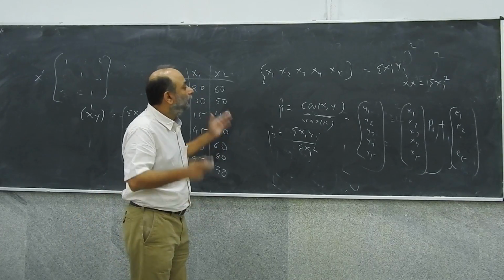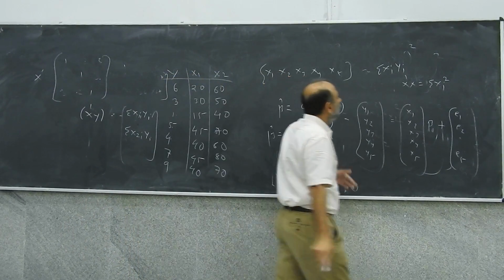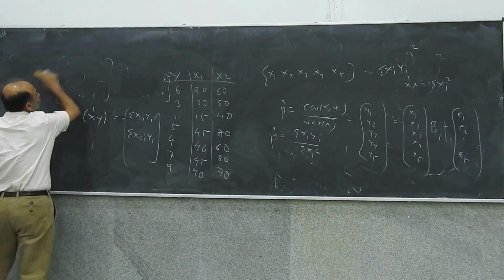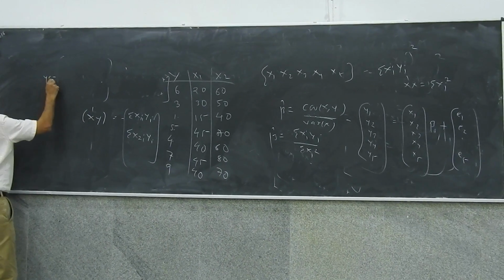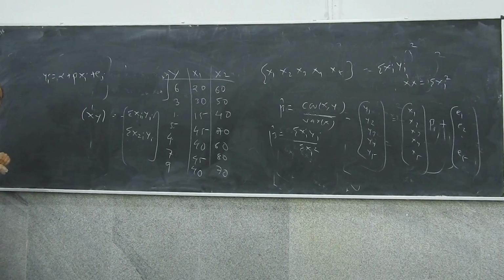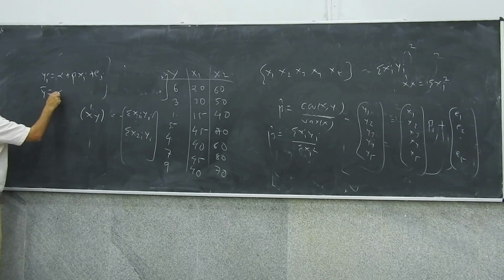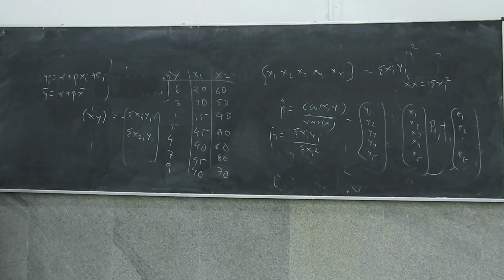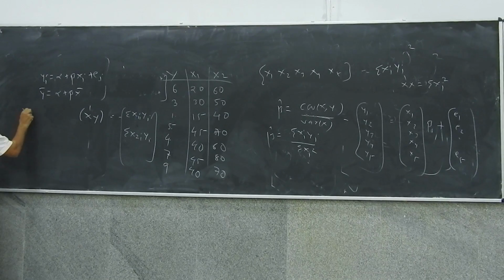Right? Okay. Now, in fact, when I am writing a model like this, when I am writing yi, think of yi is equal to alpha plus beta xi plus ei. What will be y bar? Alpha plus beta x bar. So if I subtract from this side, what do I get?